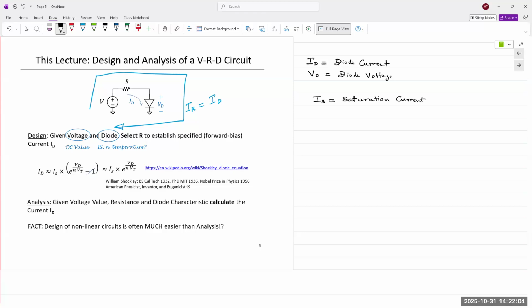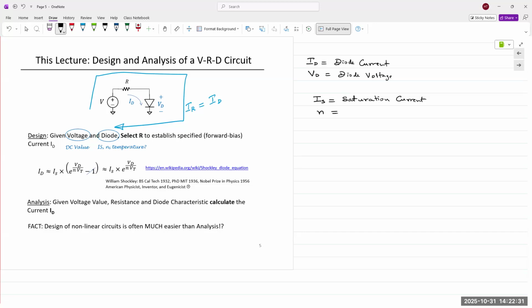Typically, this is listed as something like 10 raised to minus 13, 10 raised to minus 14, or 10 raised to minus 15. In the labs, when we perform an experiment, we can typically measure around 10 raised to minus 9, 10 raised to minus 10, like nanoamps or so. Okay, so very, very small. And again, all of this is something we'll look at in 315.